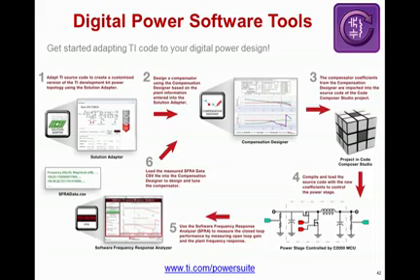The code that will be created will then be downloaded into the processor, the microcontroller, run on the power stage, and at that point you can actually measure the effectiveness of your controller, your compensator, using our software frequency response analyzer. This gives you the closed loop performance by measuring the open loop gain and the plant frequency response.